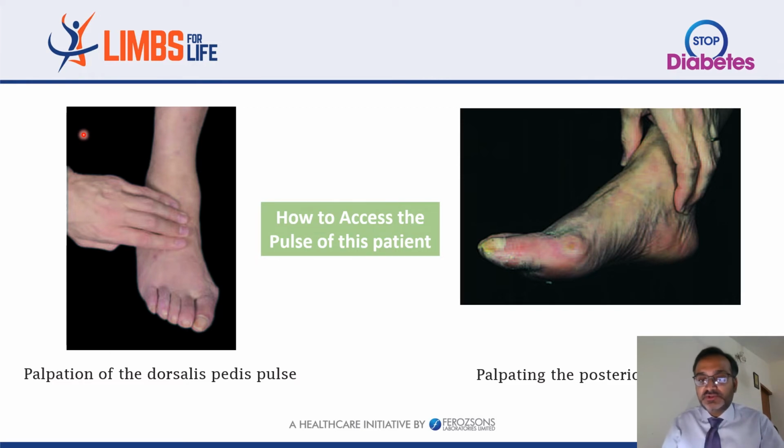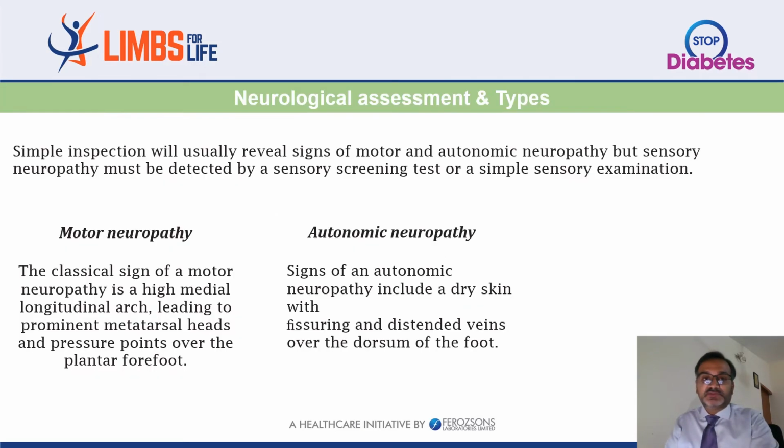The posterior tibial artery is halfway between the posterior border of the medial malleolus and the Achilles tendon. This is how you can palpate both of these arteries to check whether the pulses are normal or feeble. You have to check all the qualities of a pulse.